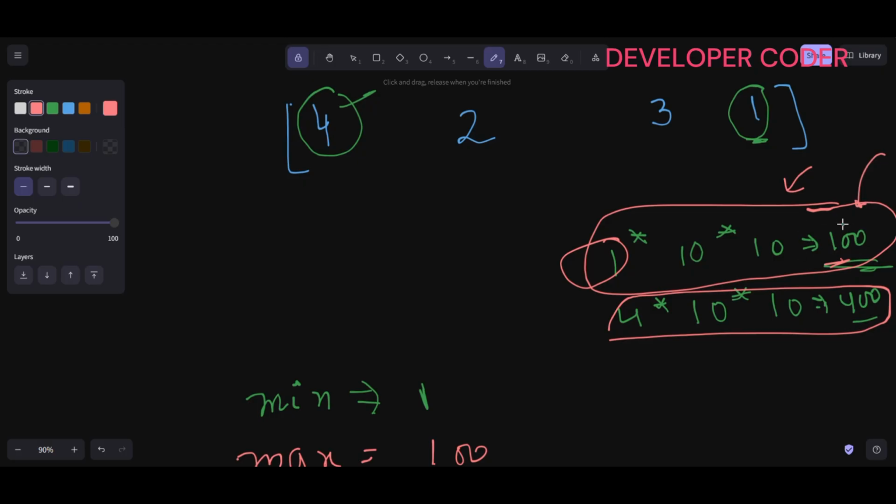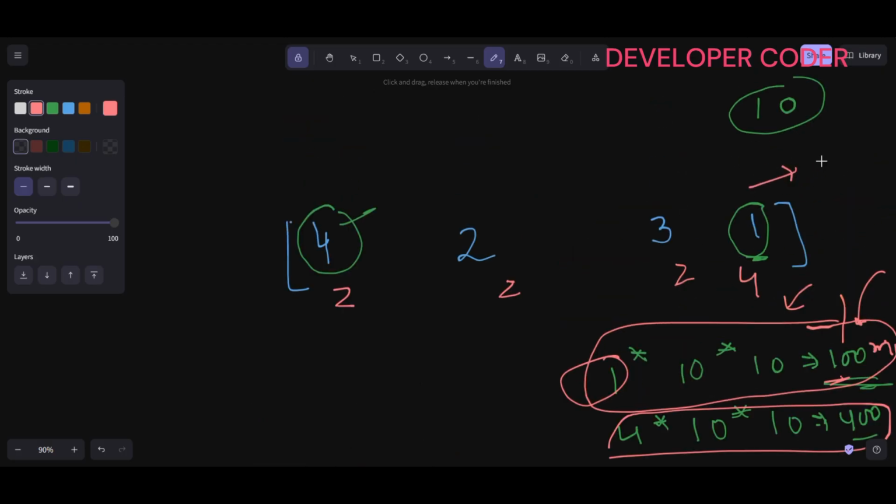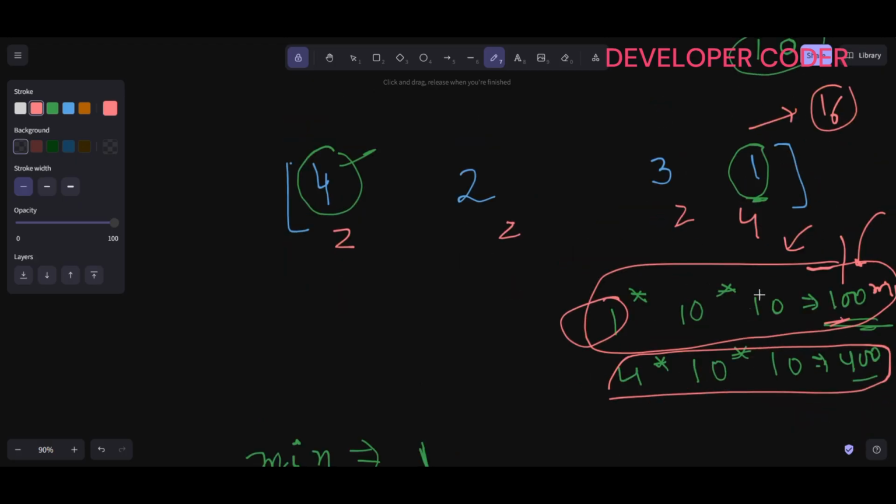So we can actually lower this 100 minutes by distributing the cars, like two here, two here, two here, four here, and we get around 16 minutes only. But here I can take this as the max: if I assign all the cars to the lower rank, I will take that as maximum.